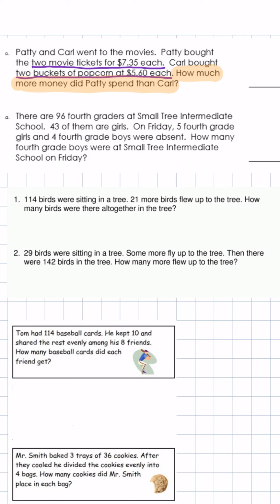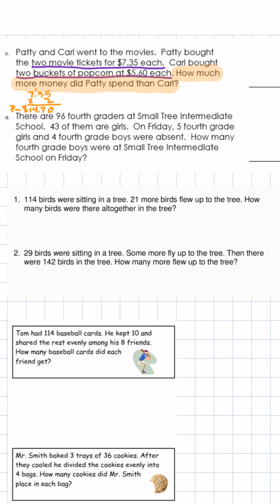So if we know that they bought 2 movie tickets at $7.35, then we're going to go $7.35 times 2. So Patty spent $14.70.